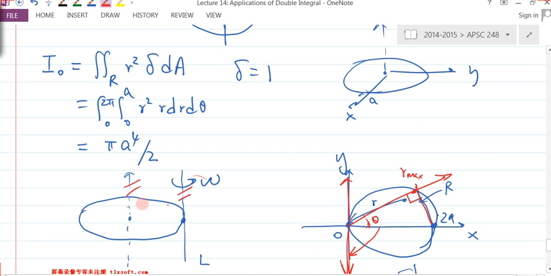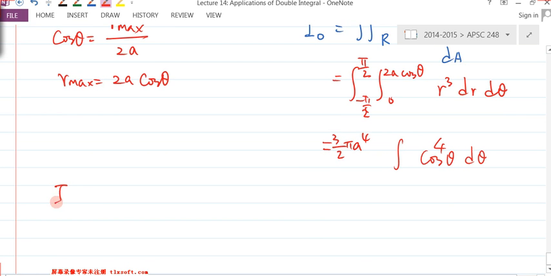The distance between the two axes is a. So the parallel axis theorem says the moment of inertia about the new axis equals the moment of inertia about the axis going through the center of mass plus A d squared.